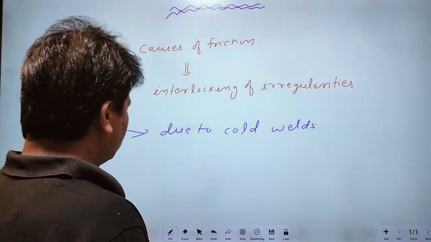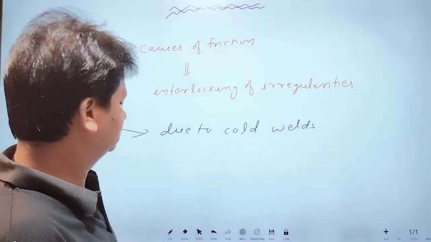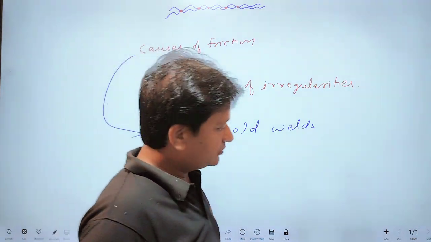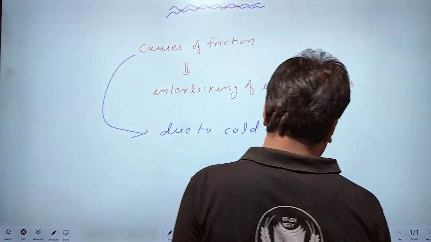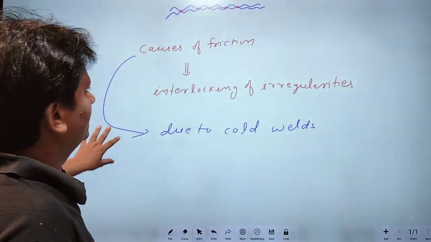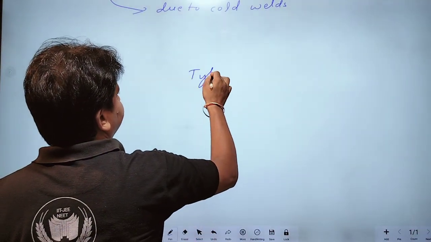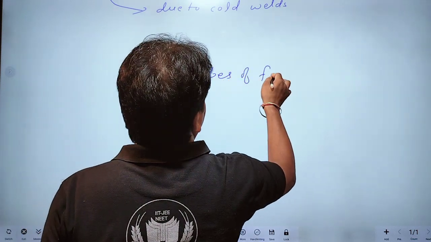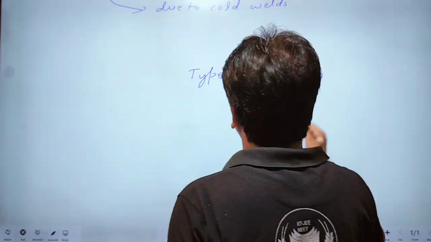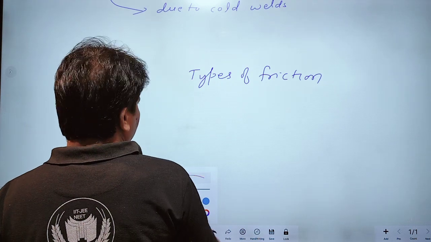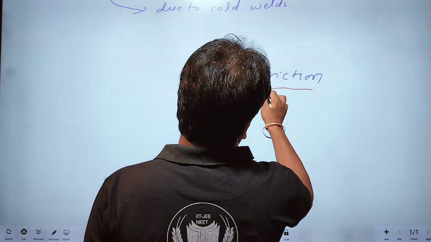Now we are going to discuss types of friction. Friction is mainly divided into two parts.